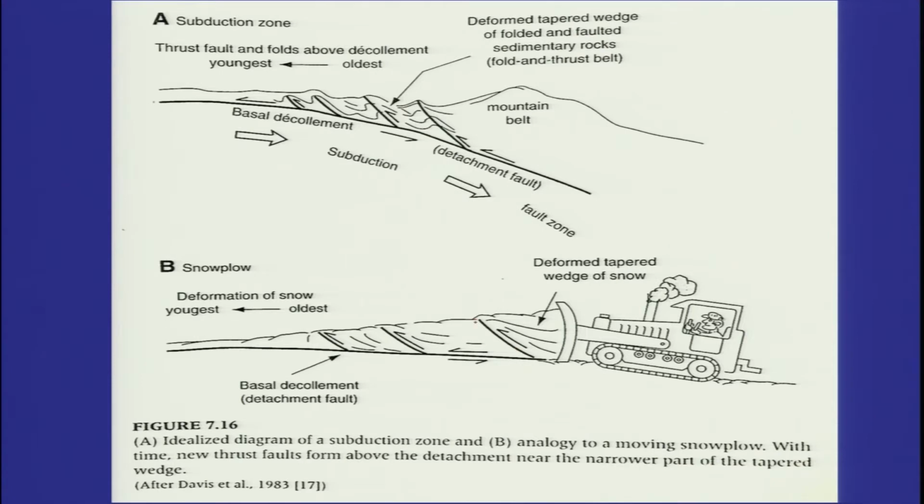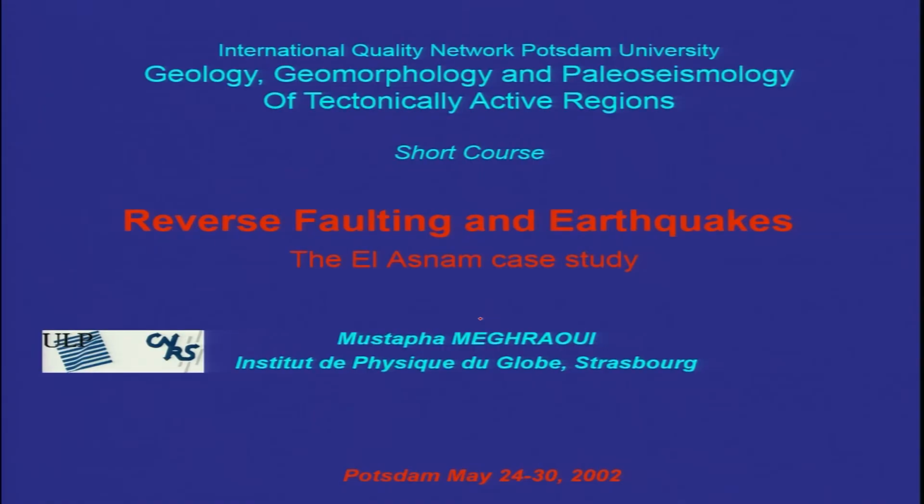This one is older, this one is younger, and this is the youngest. So, the deformation is getting younger towards the foreland side. This is a typical, or idealized, pattern of deformation seen in the Himalayas.